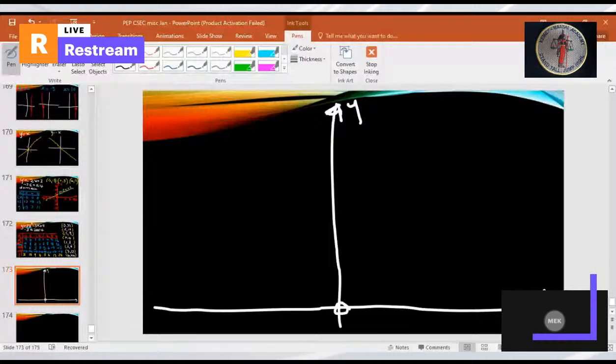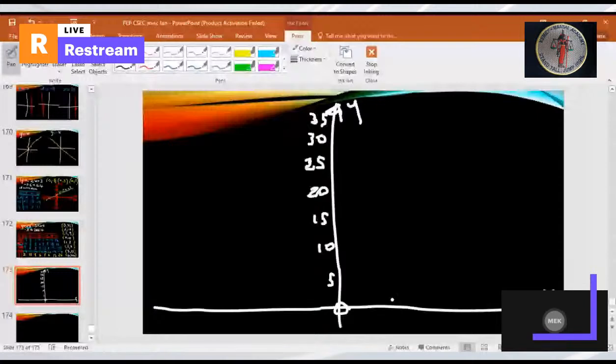The scale: the biggest value I have is 31, so I'm going to go up by 5. So that's 5, 10, 15, 20, 25, 30. That should do the trick. On the x, our x values are usually small. The biggest x value here is 4.